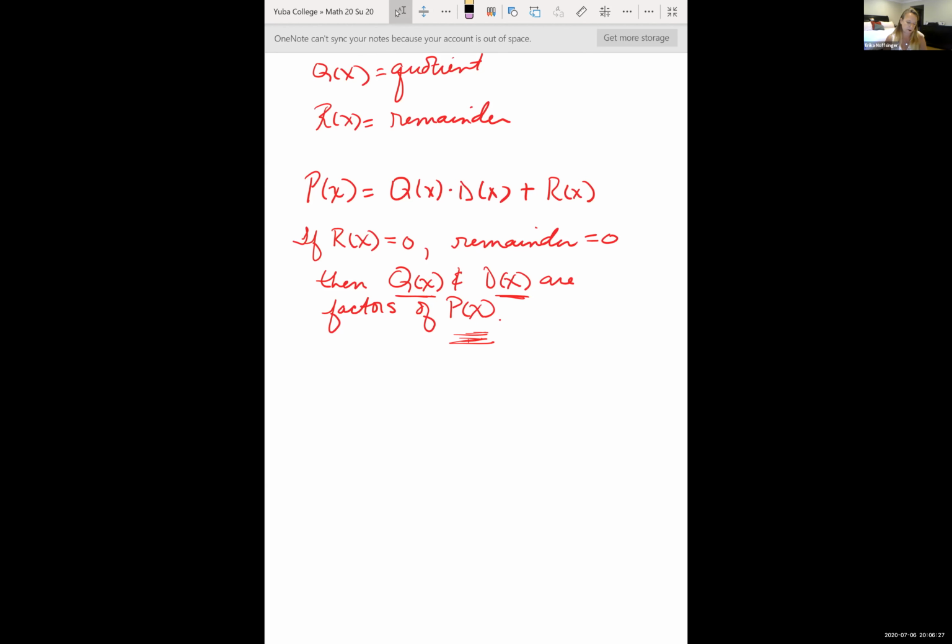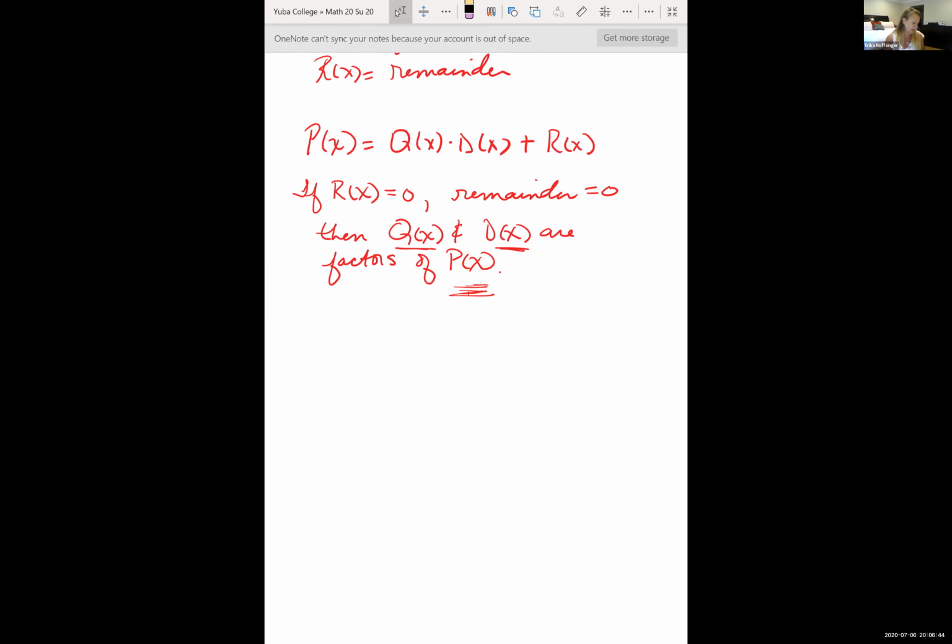Okay, so we have a theorem. Today we're going to be dividing a lot of these polynomials by factors in the form of x minus c.